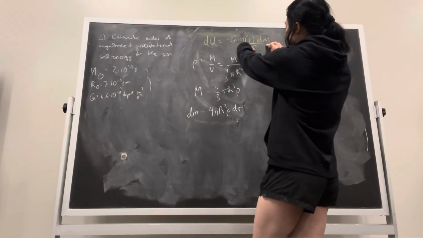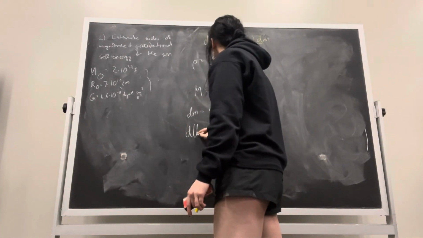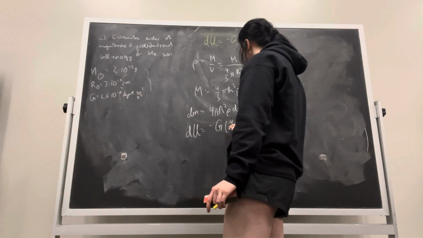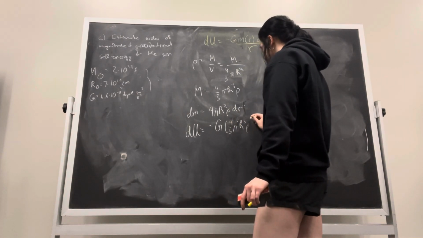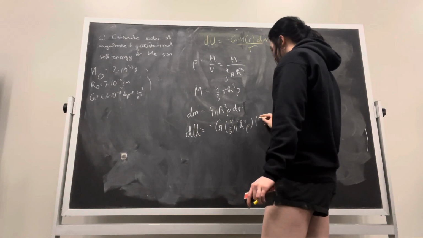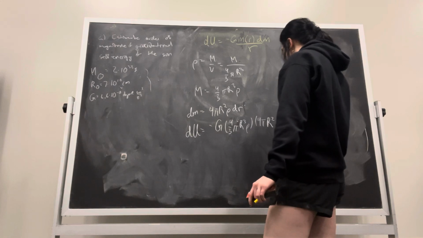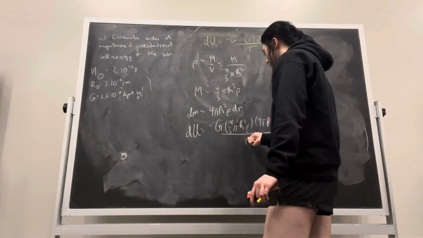Now we can substitute those into our original dU expression. So dU is negative G times 4/3 pi r cubed rho times 4 pi r squared rho dr over r.